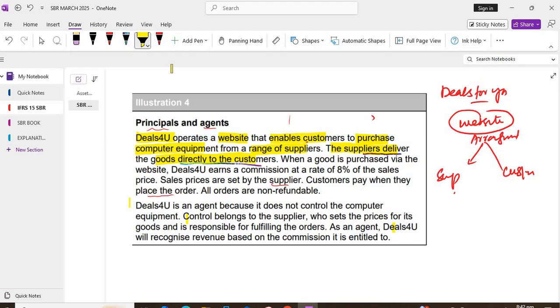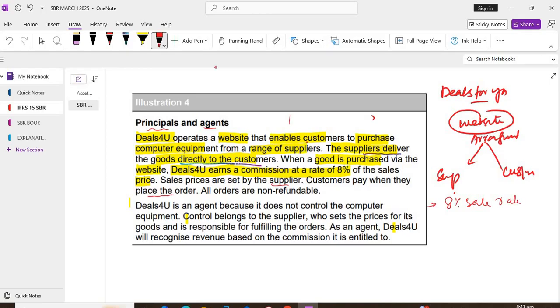Okay, now when the customer uses the website to purchase the goods, then Deals4You earns a commission at the rate of 8% of the sale price. So it means that Deals4You will only be paid if they arrange the sale, and they will get 8% of the sale price.